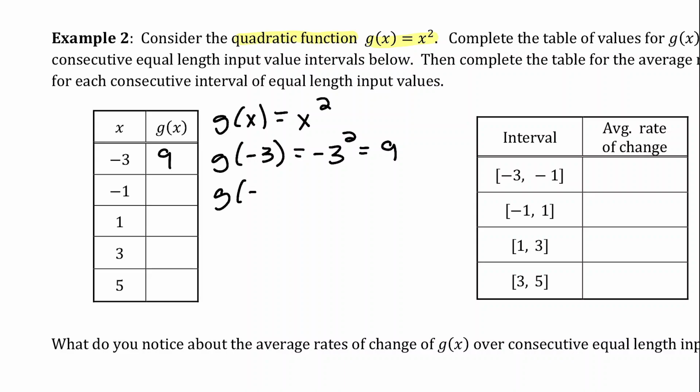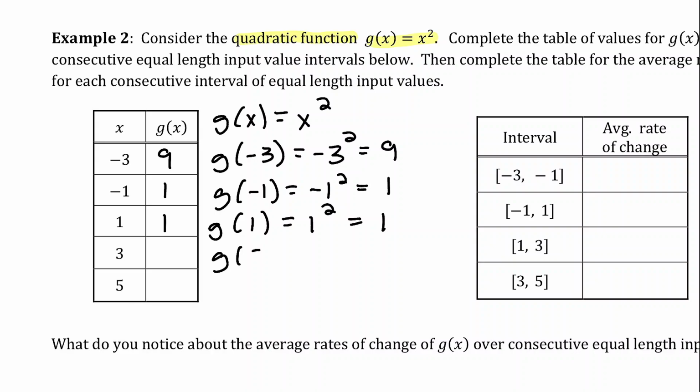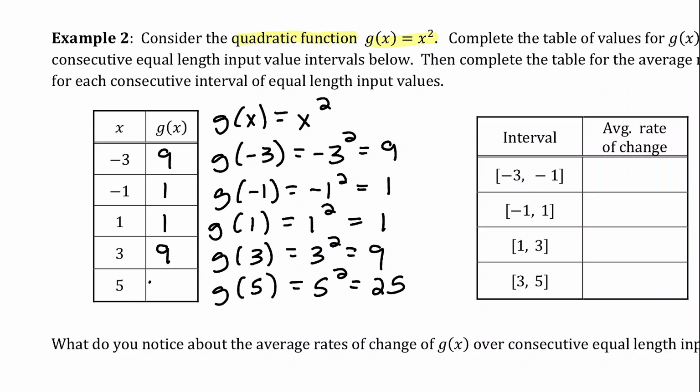If I plug in a negative 1, I get negative 1 squared, which is positive 1. If I plug in a 1, I get 1 squared, that's 1. If I plug in a 3, I get 3 squared, which gives me 9. And they want me to plug in a 5, so 5 squared gives me 25.